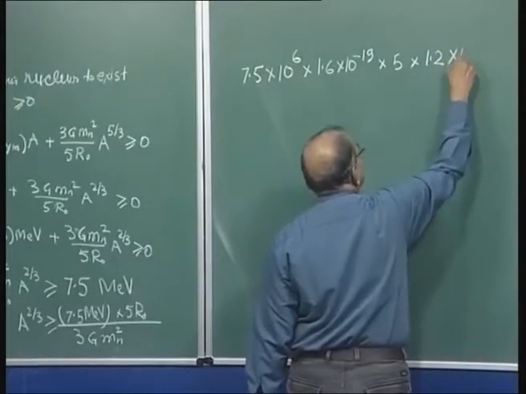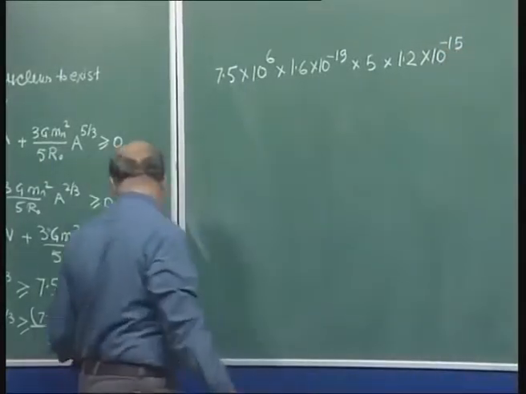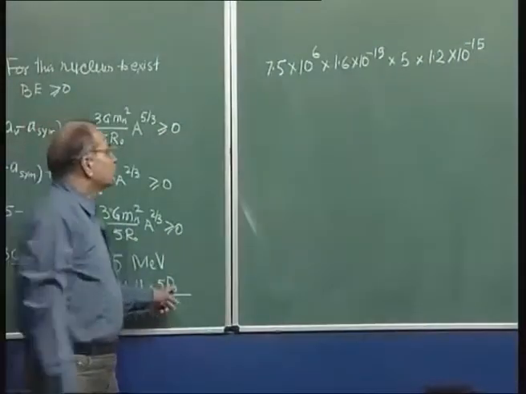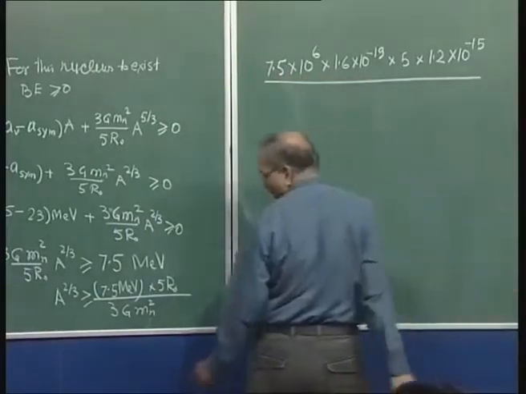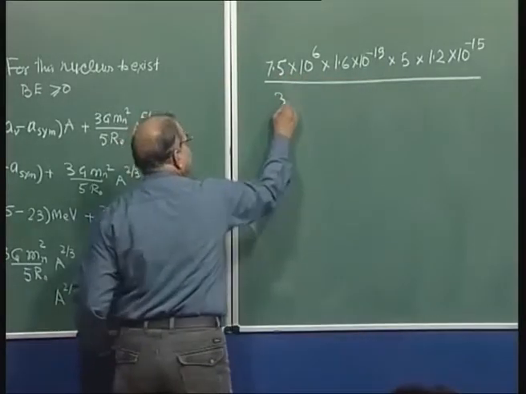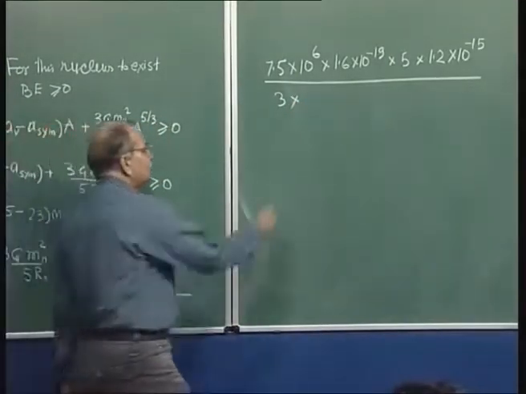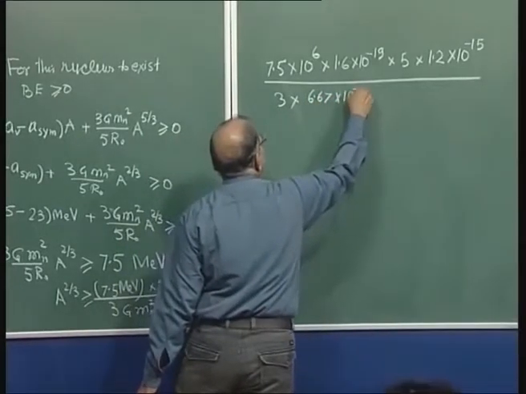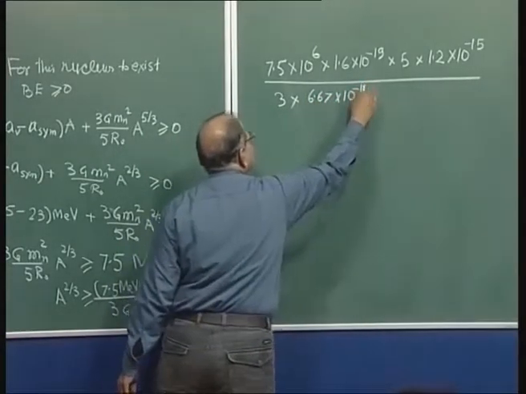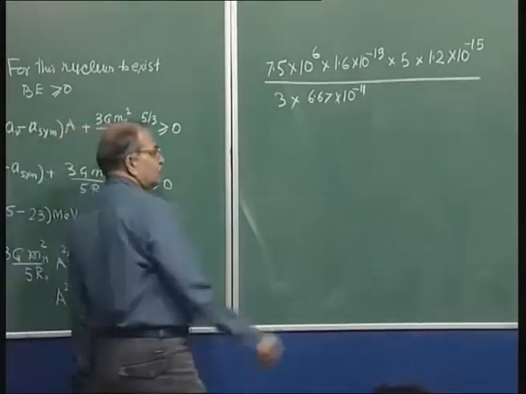1.2 femtometer, so 10 to the power minus 15, divided by 3 into capital G, 6.67 into 10 to the power minus 11, into the mass of neutron in kilograms.